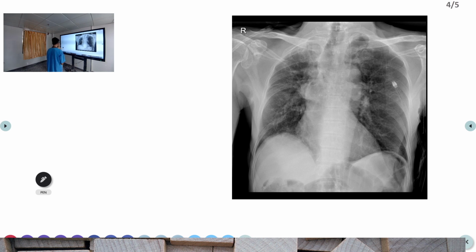How will you place the ICD? How will you select the ICD tube size? We are planning to place an ICD for a patient, and we have different sizes of ICDs. How will you decide the size?